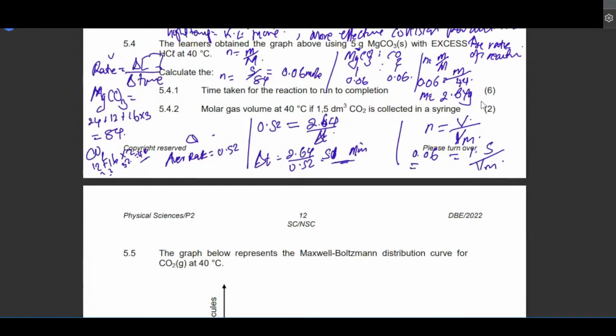So the answer is going to be, and you calculate, it's around 25 decimeter cubed in each mole. So that's the answer which is supposed to be given there.